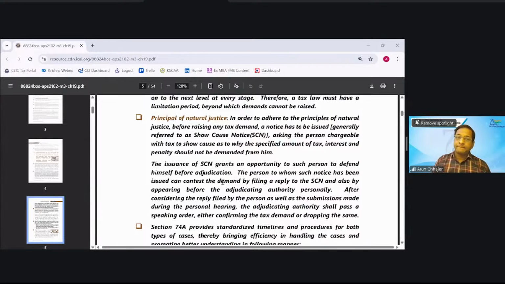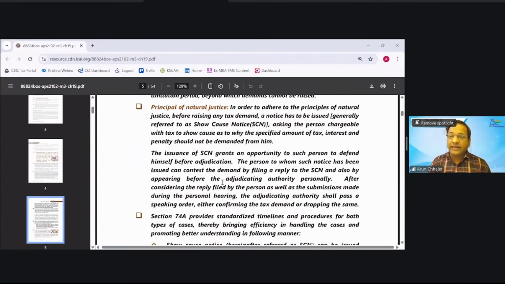Therefore, these matters in which natural justice, the normal opportunity of being heard, has not been given, okay, that will be either quashed or remanded back.